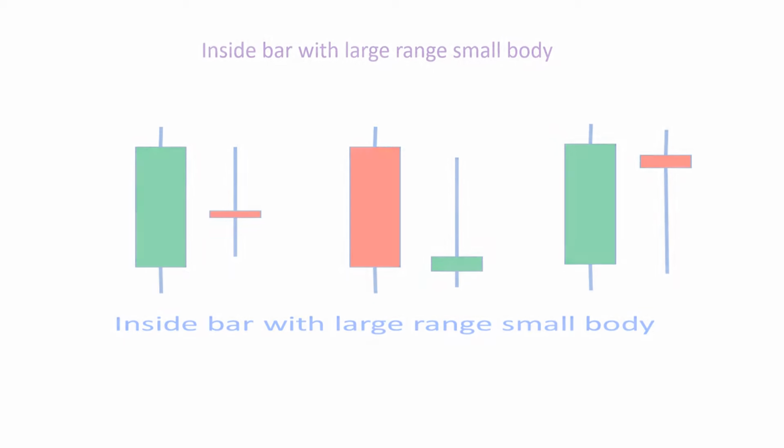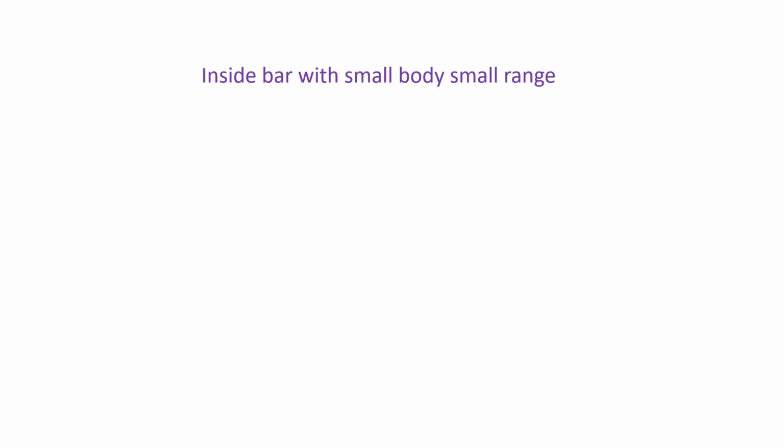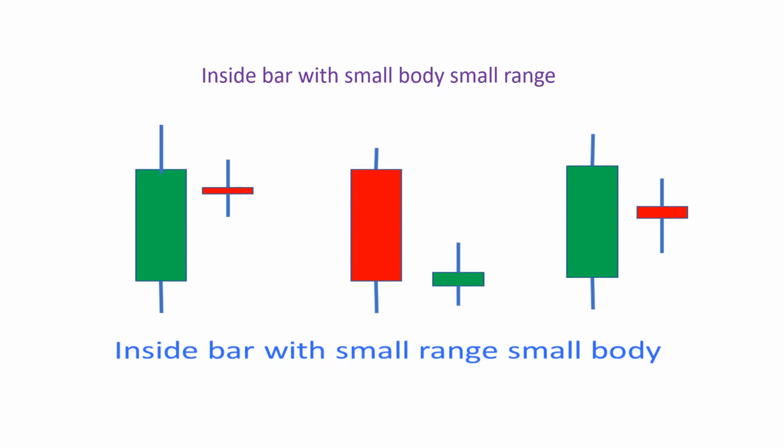Now, the last one is inside bar with a small body, small range. Now, in this graph, you see the range of the inside bar are very small compared to the range of the mother bar, and also the body of the inside bar is very small compared to the body of the mother bar.